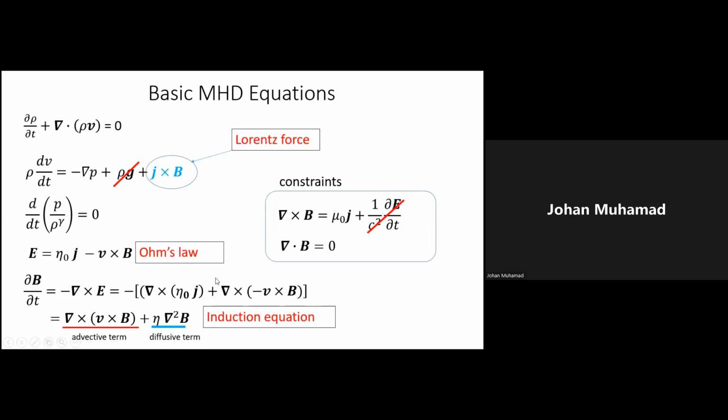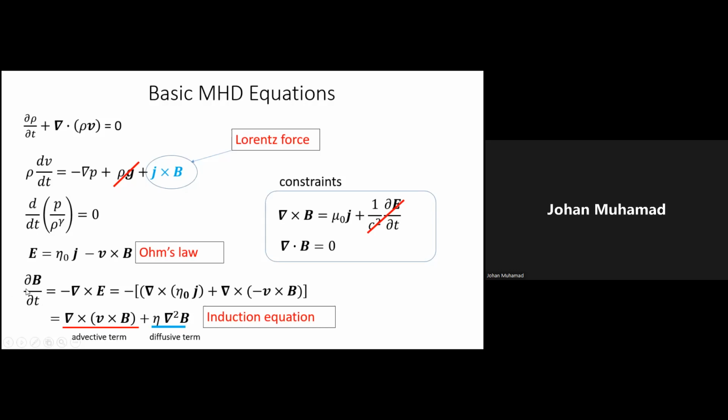You can try by yourself to expand this equation to get this one. But in the end, we will have the curl of V cross B, plus eta nabla squared B. The first term we call the advective term, and the second term we call the diffusive term.